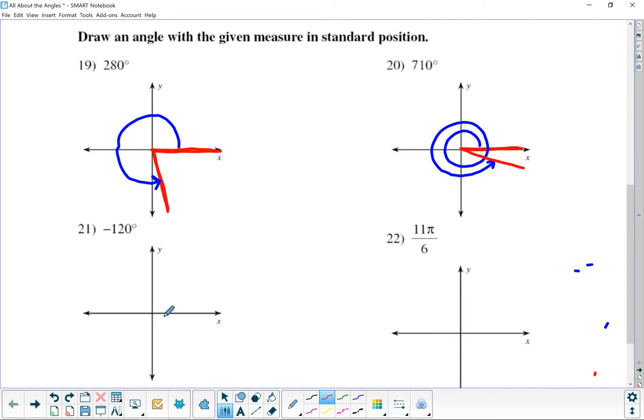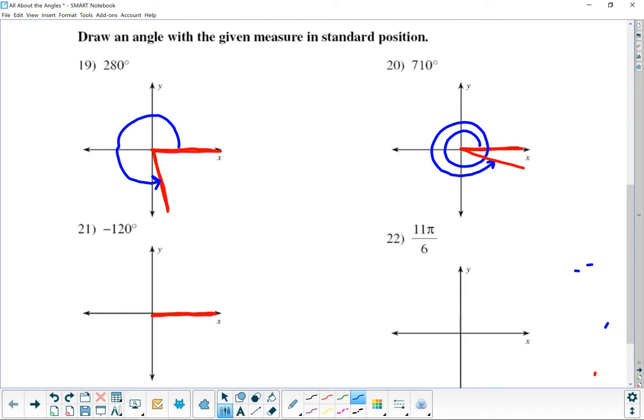All right, so negative 120. Negative means I'm going to go in the clockwise direction. So if I go backwards this much, this is negative 90, but I need a little bit more. And if I go backwards another 90, it'll be negative 180. That's too much, so I don't need all that. So negative 120.